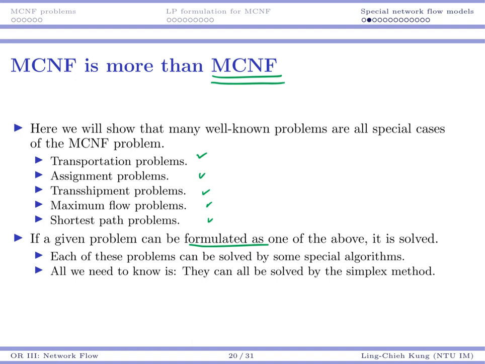Because once we formulate it as an integer program, our solver, Gurobi, our branch and bound, whatever, will be able to solve it and find a solution. And because it is an MCNF, it can be solved very fast, in a very short time. In that case, we actually don't need to worry about special algorithms. Our model is actually a solution.